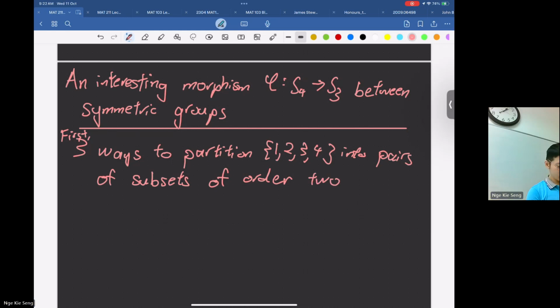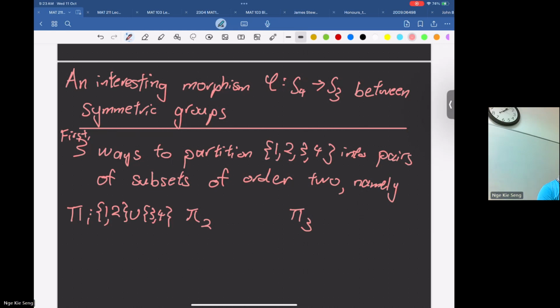The three sets we have, let's call them pi 1, pi 2, and pi 3. The first set contains 1, 2 in a set, and then disjoint union with 3, 4. And then the second set is, what are the three ways to partition 4 indexes into pairs of subsets? What are the other two choices we can do?